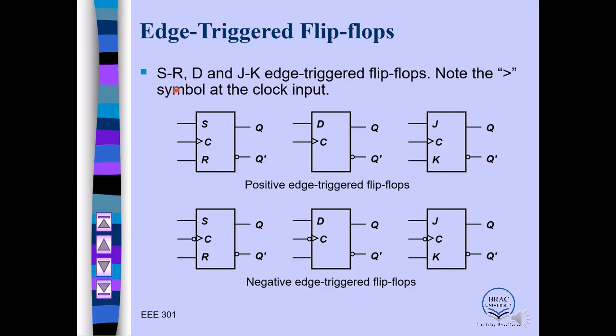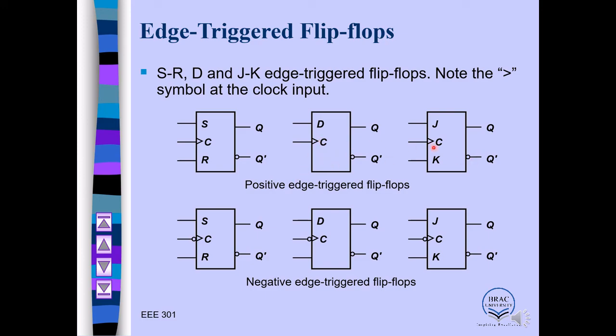So now look here. This is a couple of diagrams for SR, D, JK edge-triggered flip-flops, and remember this symbol represents the clock input. Here, this is your SR flip-flop, and this is your clock. This kind of sign represents the clock signal, and this is your D flip-flop, this is your JK flip-flop.